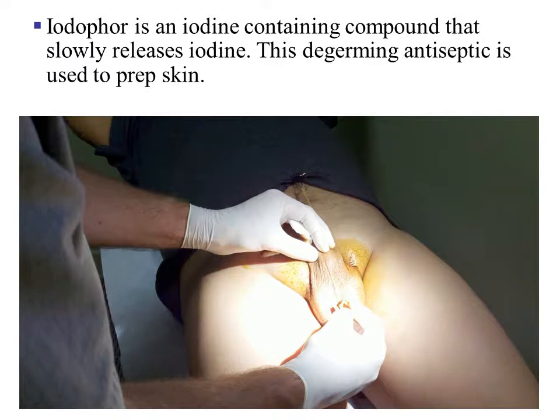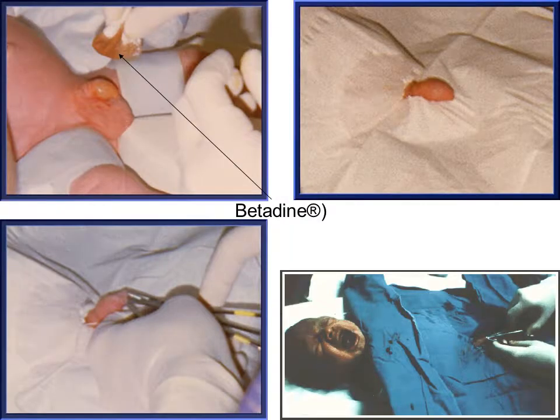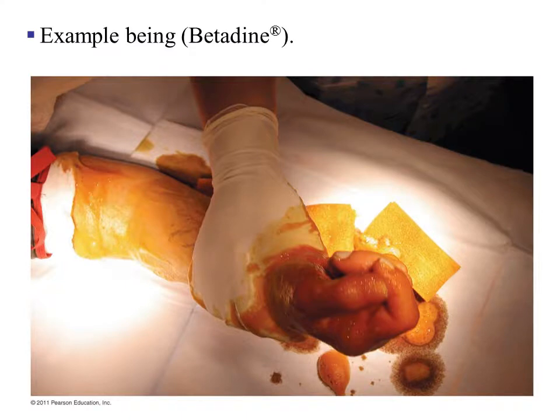This degerming antiseptic is used to prep skin. You've heard of the compound Betadine. This is an iodine-based compound that's used to prep skin. Betadine.